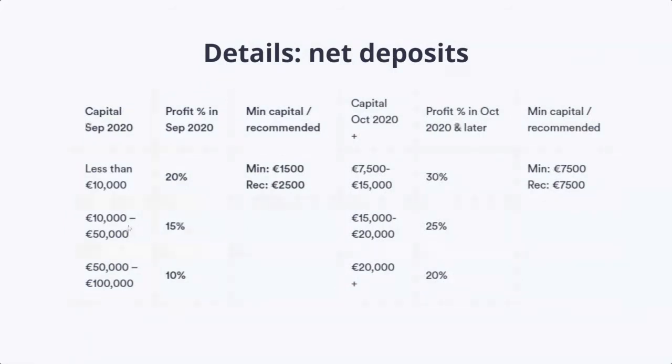You can withdraw the profit. So let's say your account goes from 10,000 to 20,000. You can withdraw 10,000 and you'll still keep the same percentage. But if you withdraw 18,000, then you only have 2,000 net deposit. Then you'll go from 15 to 20%. That's the only thing. But you will keep these percentages. You lock them in as long as you're a member, basically.